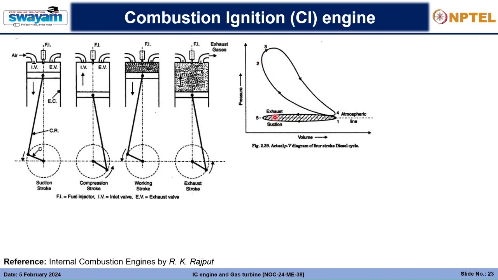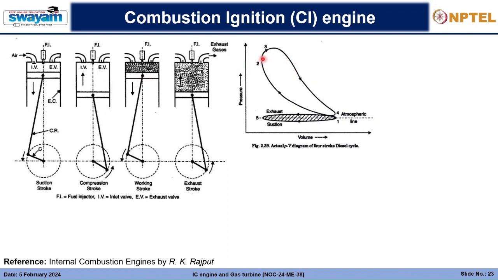So talking from the start, 5 to 1 is the suction stroke, wherein the pressure is lower than the atmospheric line, hence the air is sucked in. Then 1 to 2 is the compression stroke, where the air is compressed to a high pressure and temperature point at which the fuel can automatically ignite when injected. When the fuel is injected, it ignites, the pressure remains constant, whereas the volume starts increasing as the piston moves this way.